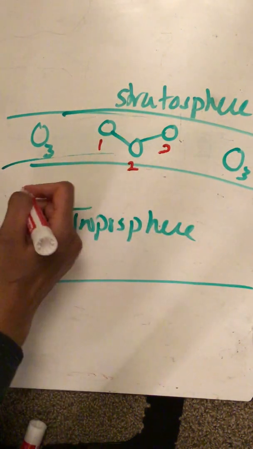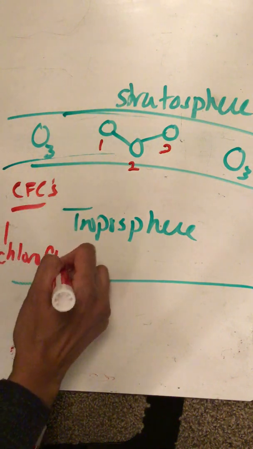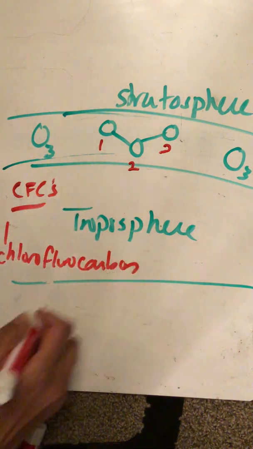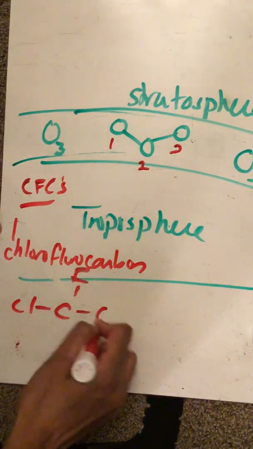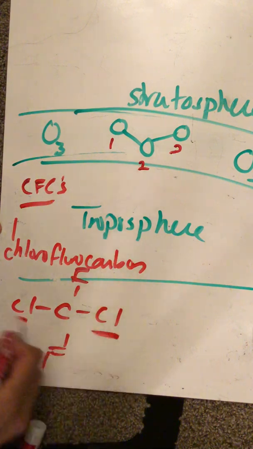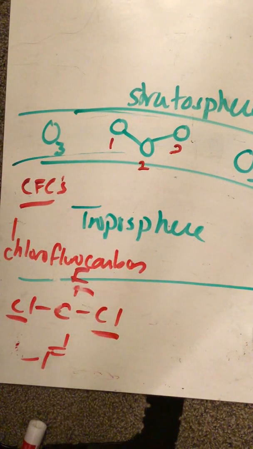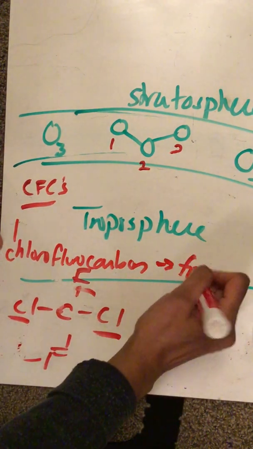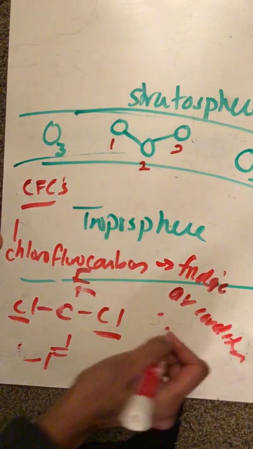Now, when we release CFCs, which is chlorofluorocarbons. So what does that mean if you're a chlorofluorocarbon? That means you have a carbon and a chlorine and a fluorine, and you look at this, you have chlorines and fluorines attached to your carbon. That's a chlorofluorocarbon. You find this in your fridge, in air conditioners, in styrofoam cups.